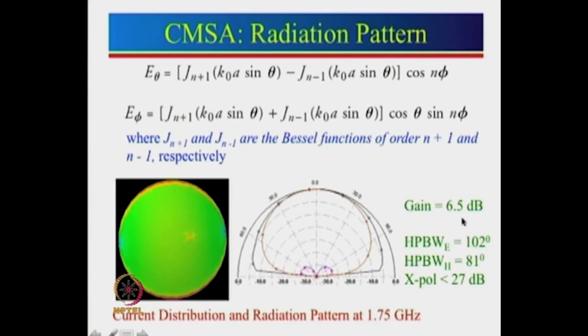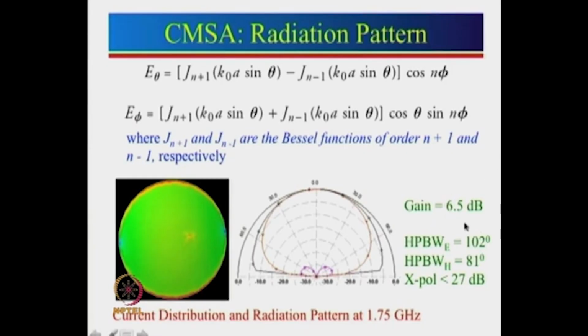I am not using the term rectangle here because a circle is to be equated to a square patch, because a rectangular patch with larger width will have a larger gain, and a rectangular patch with smaller width will have a smaller gain. So we should compare with the square patch.